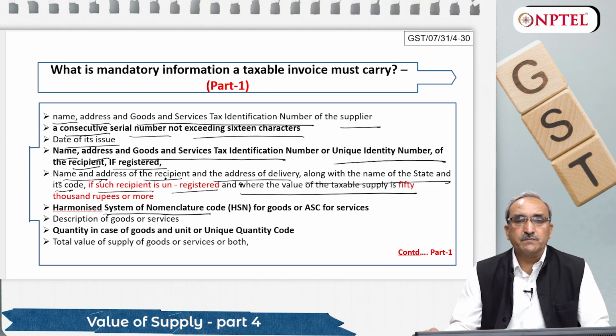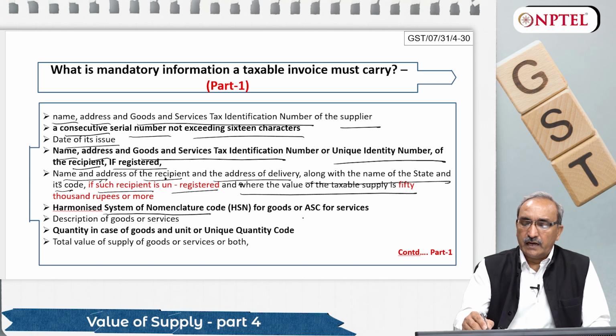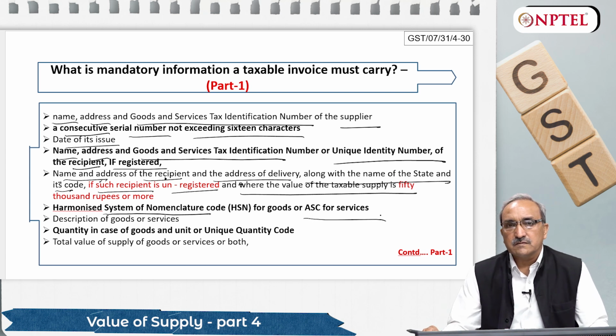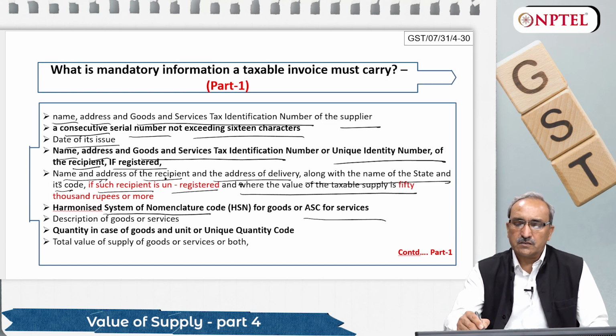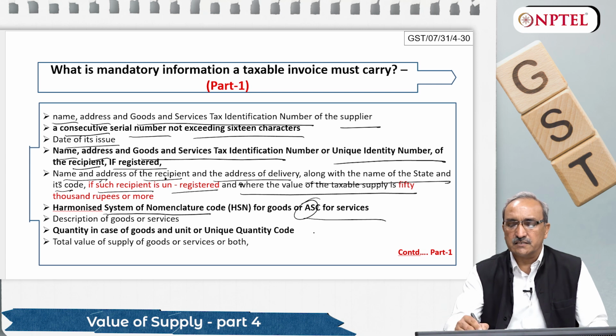So HSN code must be there in your bill if you are supplying goods. And SAC code, Service Accounting Code, in case of services. It is not ASC, it is SAC.